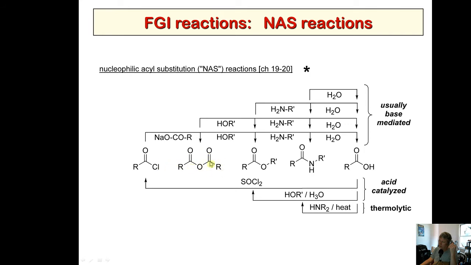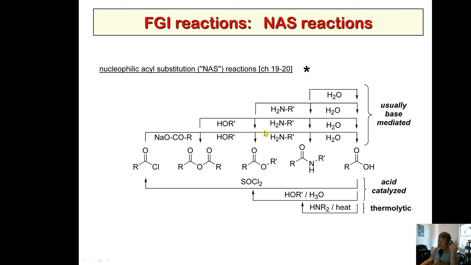So if I want to make an anhydride, I use sodium carboxylate, or alcohols and amines make the esters and the amides, and then if I want to take the acid chloride all the way to a carboxylic acid, it's kind of a boring reaction. But yeah, water does that because this is such a reactive functional group, right? It's a strongly electrophilic thing, and water will totally do that.